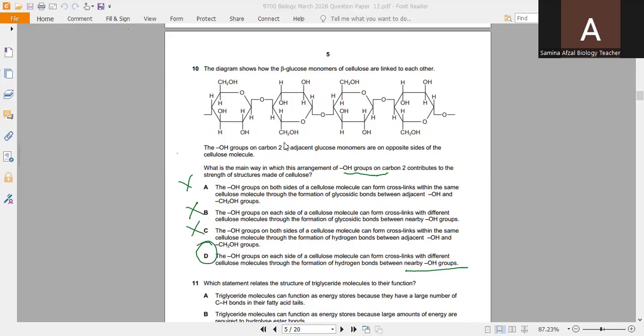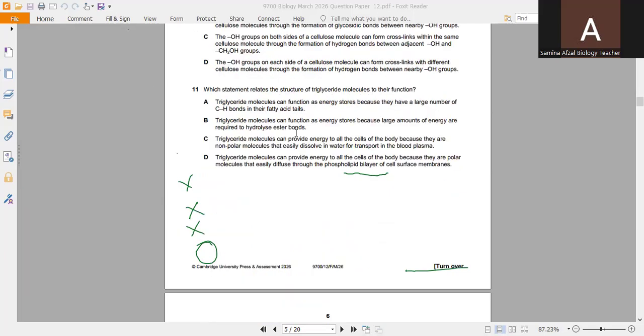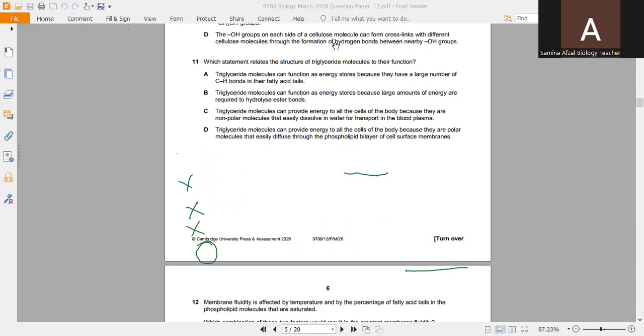Now question number 11 is there, and question number 11 is, which statement relates the structure of triglyceride molecules to their function.